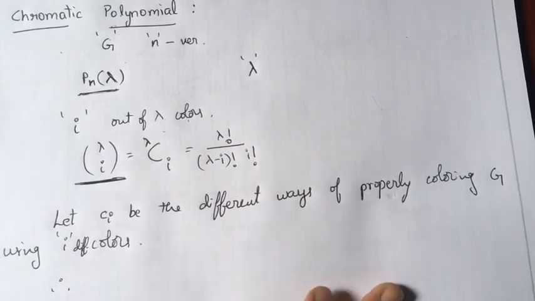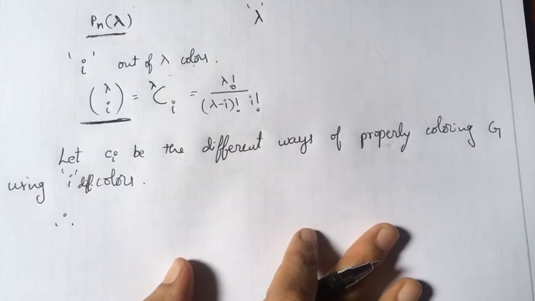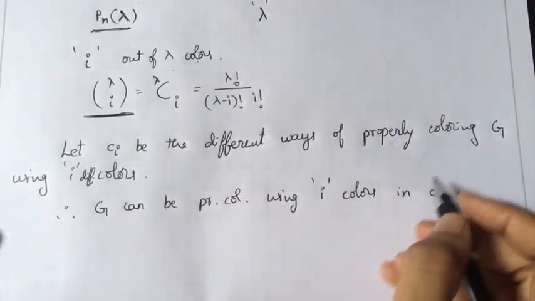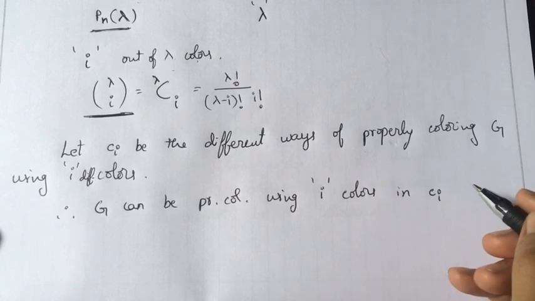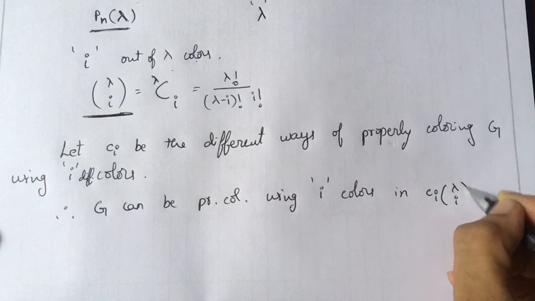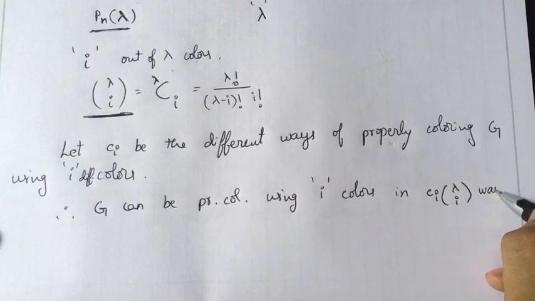Therefore, G can be properly colored using i colors in Ci into lambda C i ways.